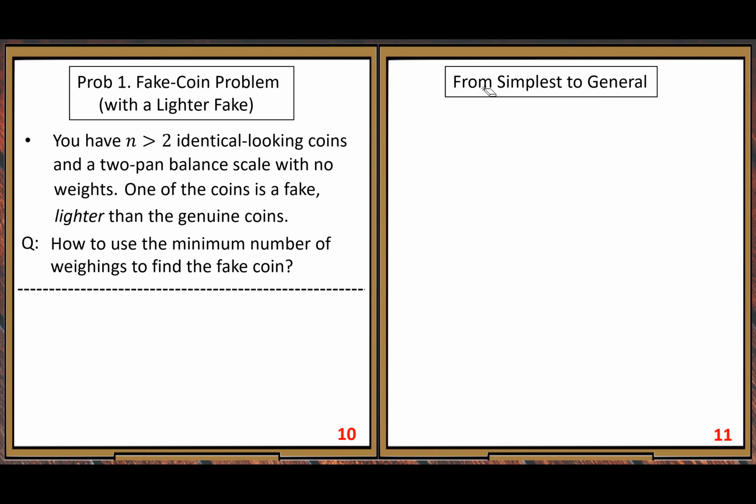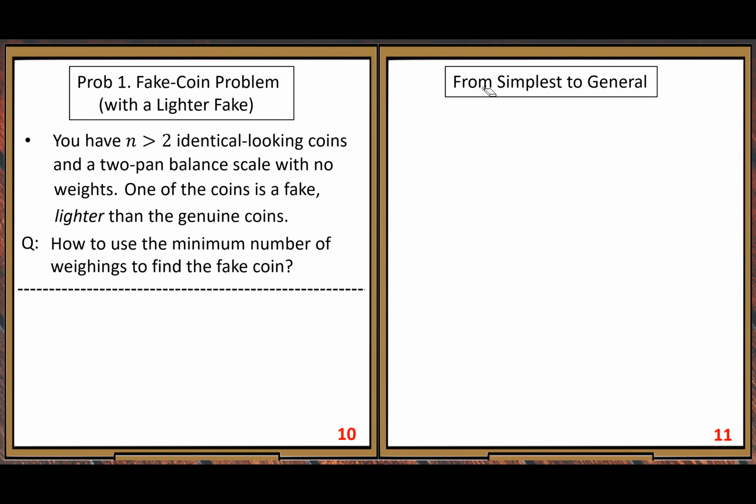This time, from simplest to general. Now we consider the general case. But when we consider the general case, there are remainders, because we may have different remainders. When we divide n by 3, how many different remainders? We have to count 0, so 0, 1, 2: 3 different remainders.